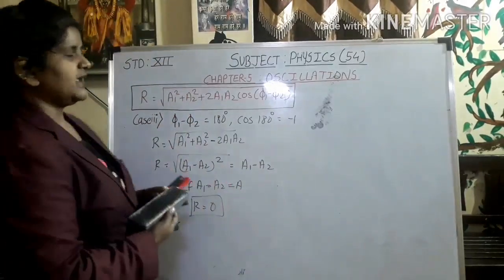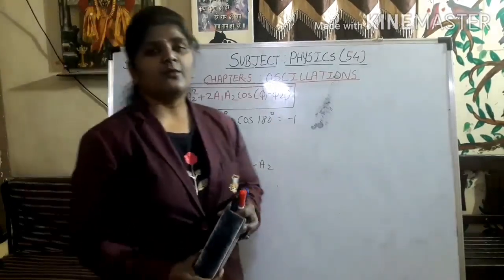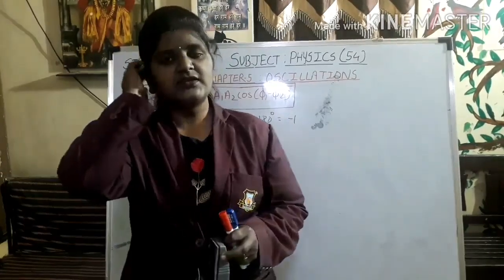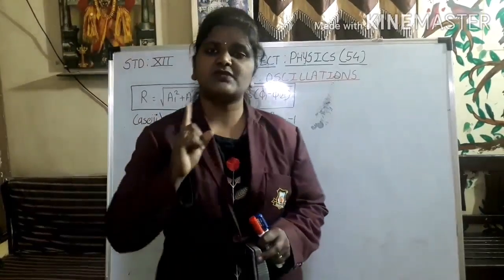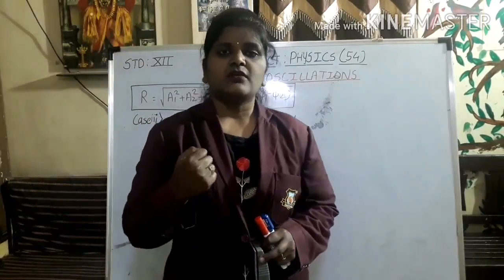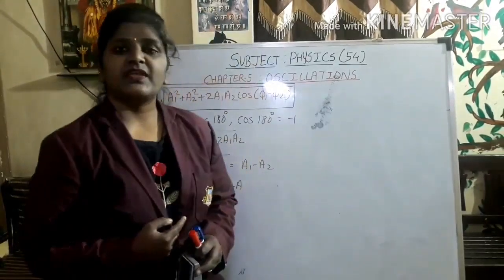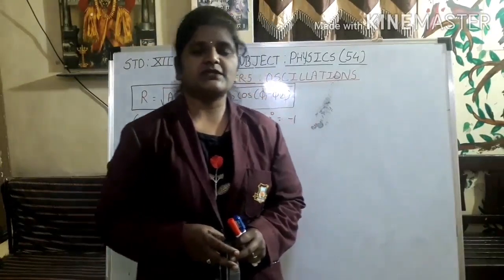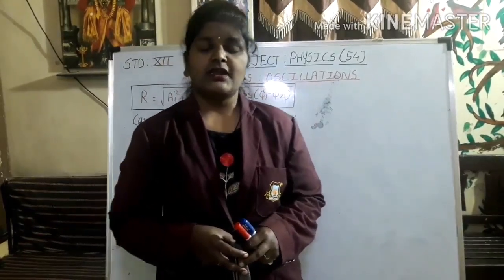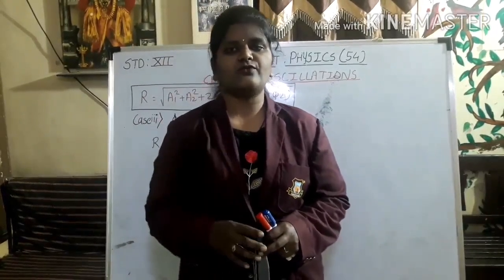We have concluded that after deriving the formula for r, which is the resultant amplitude in terms of a, we got 3 cases. First was 0 degree, in which we got amplitude as a1 plus a2, right? In the second condition, when phi1 minus phi2 becomes 90 degree, it becomes root 2 of a.